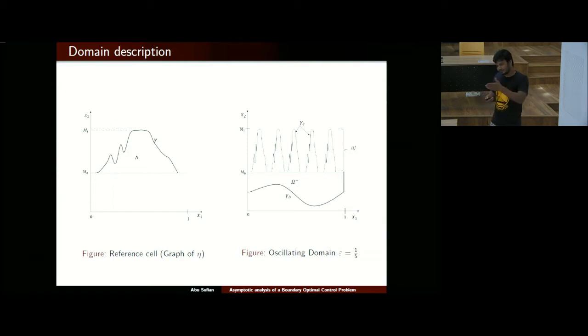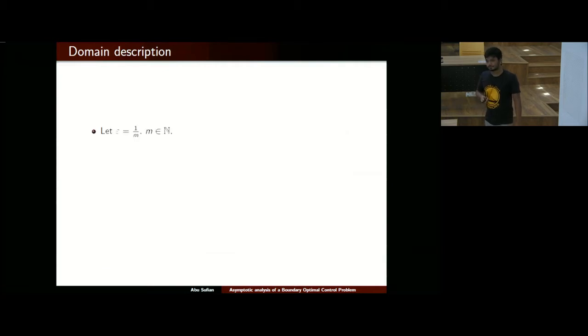For example, for epsilon equal to 1/5, we scale it down in the x1 direction and put it periodically on omega minus. On this domain, we're going to pose a Neumann boundary optimal control problem. Our control is going to act on gamma epsilon. For the mathematical setup, we assume epsilon is equal to 1/m for m a natural number.